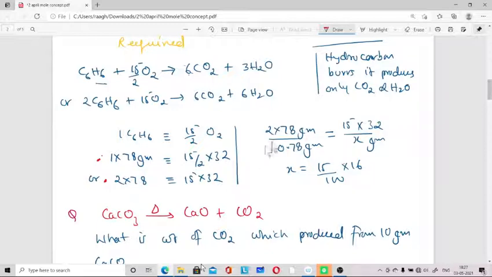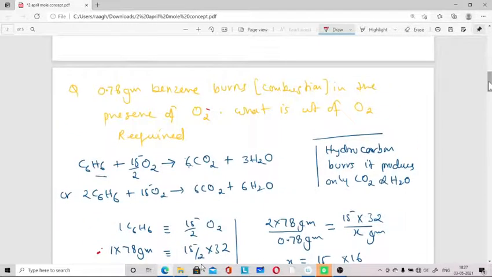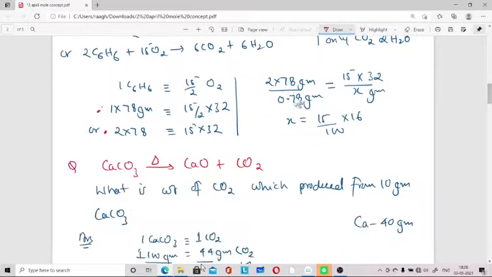Now 0.78 gram of benzene is undergoing combustion. So how much oxygen is required? This is the standard equivalence. So 2 into 78 is equal to 15 into 32. Now 0.78 gram of benzene is there, so x gram of O2 is required.